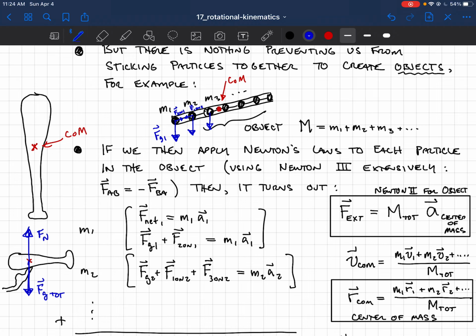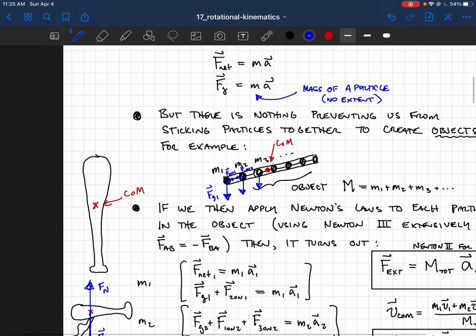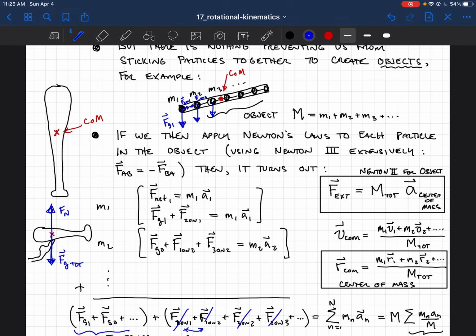So although we've been applying Newton's second law to objects this entire semester, talking about cars and balls and boxes sliding down ramps, we really were just using the particle equation, this equation up here, the equation for one particle. But it was perfectly fine for us to apply a particle equation to an object, because it turns out that the same thing is true for an object as long as you replace the mass with the total mass, the acceleration with the acceleration of the center of mass, and the forces on the particle with the external forces.